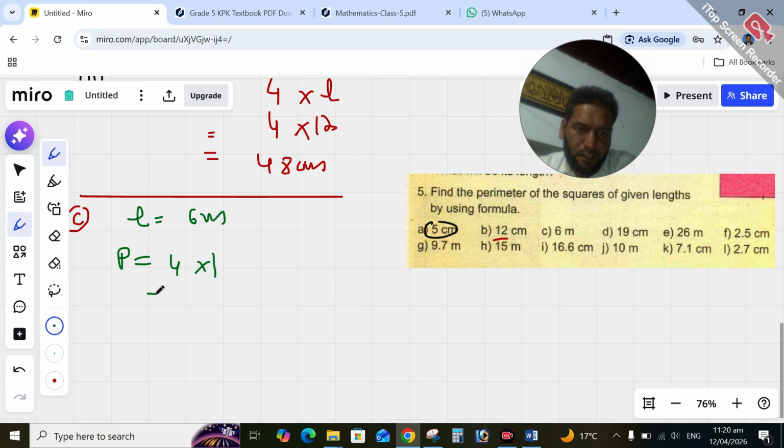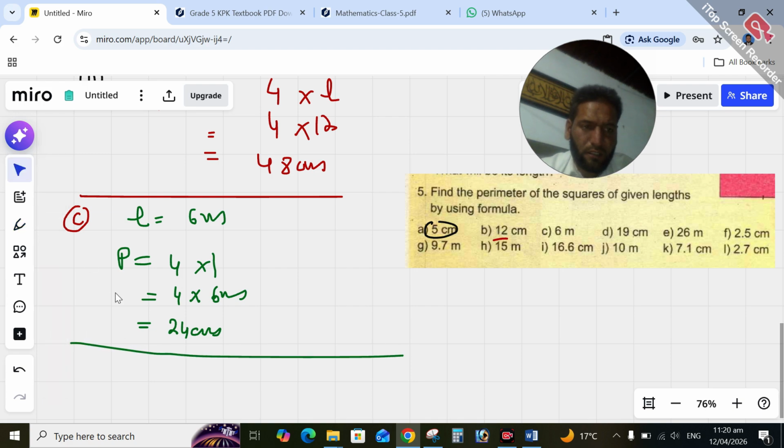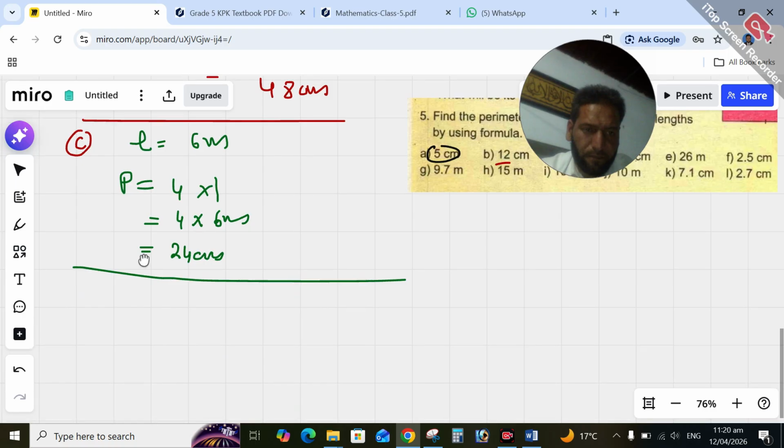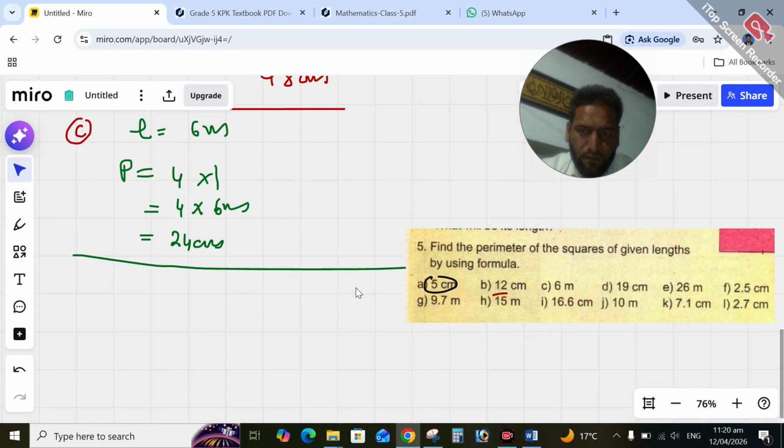This is length. So 4 multiplied by 6 centimeter. The answer is 4 times 6 equal to 24 centimeter is the required perimeter of the square.